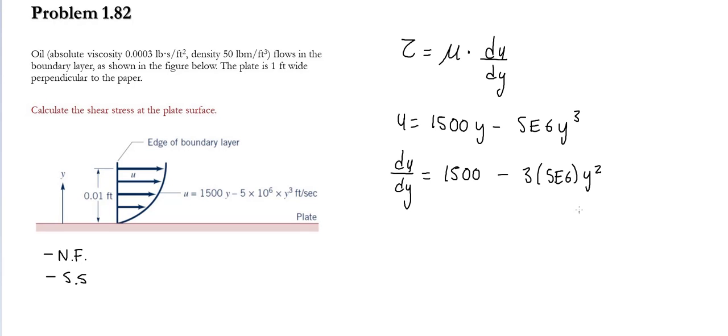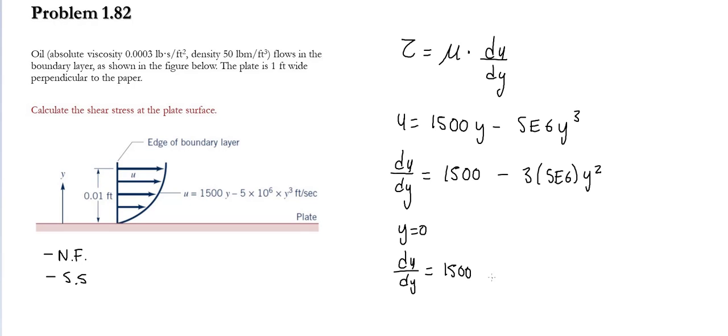Since we are evaluating the shear stress at the surface, we evaluate everything at y equal to 0. So we substitute y equal to 0, and it gives us that du/dy, we don't have y over here, so it's 1500. And then this component over here is going to be 0.